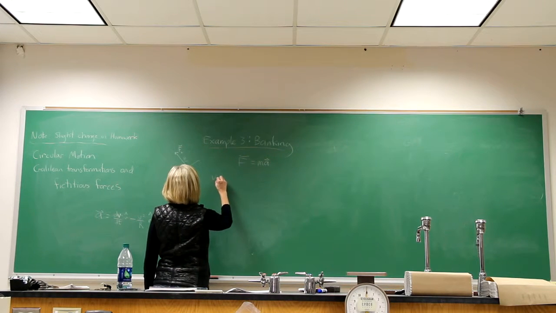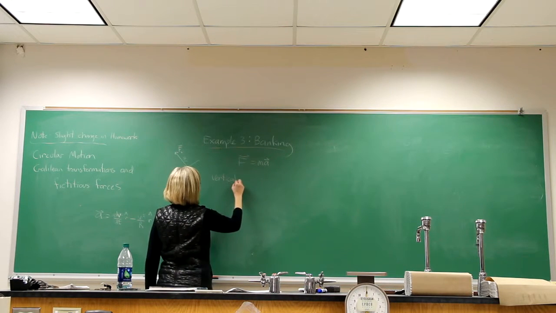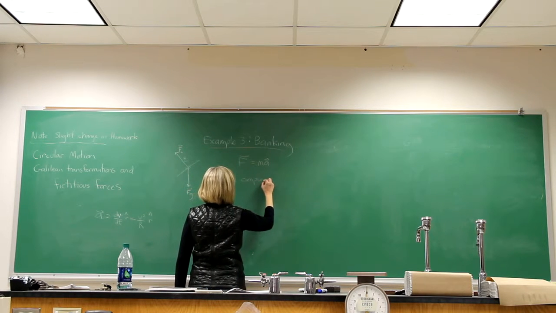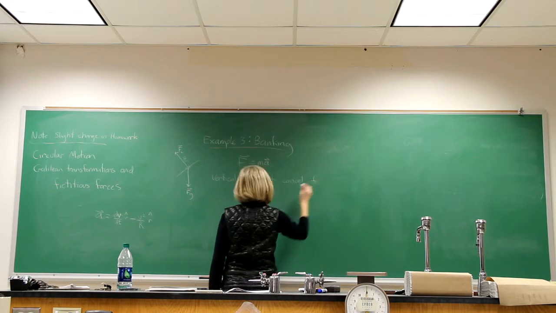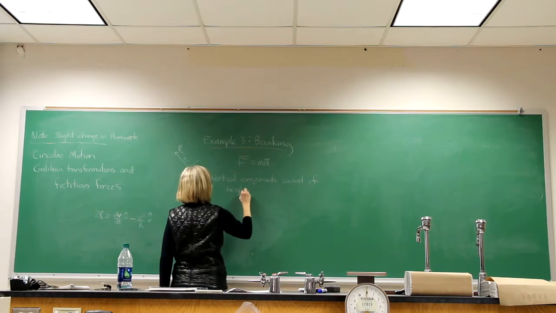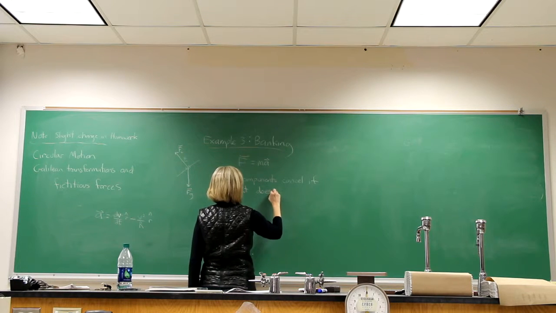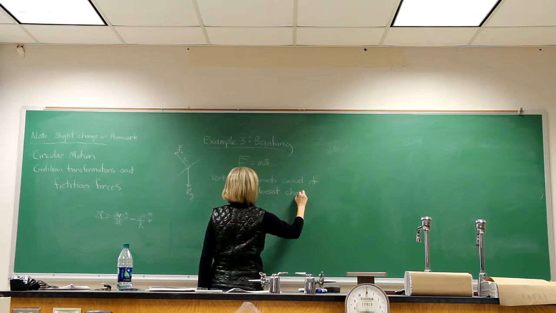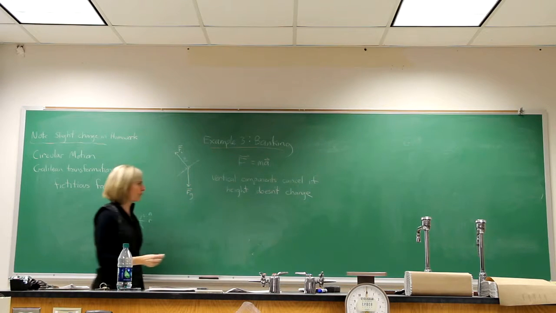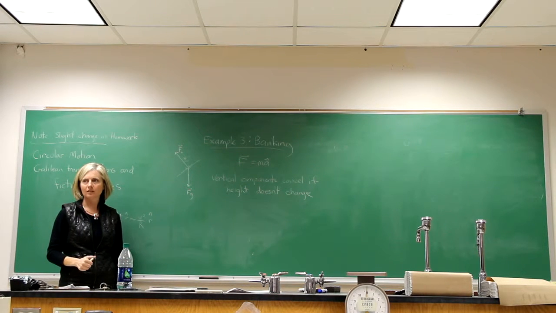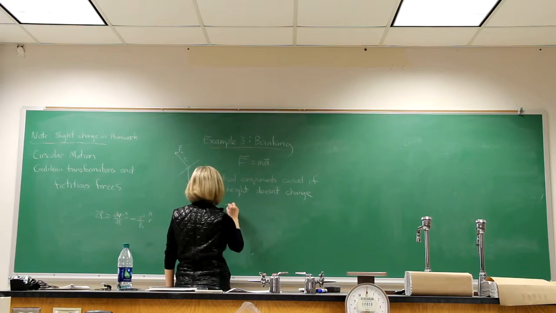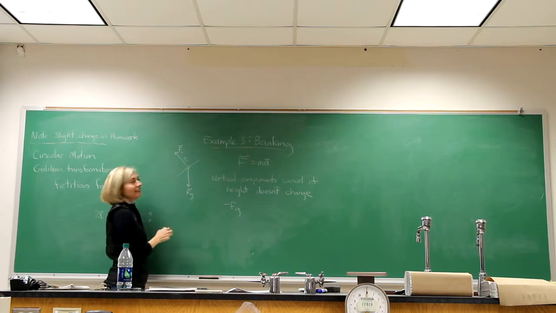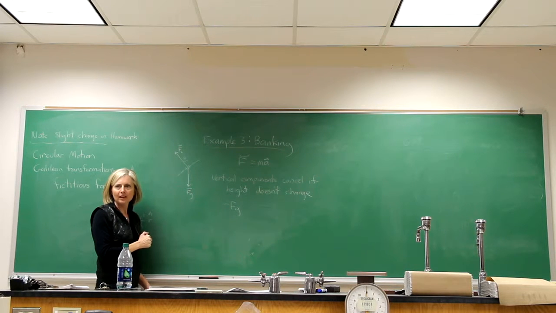So vertical components cancel if height doesn't change. And let's just write out F equals MA for that. What are the components in the vertical direction? John, components in the vertical direction? Gravity. Thank you. Minus FG. And then what else has to cancel with it?